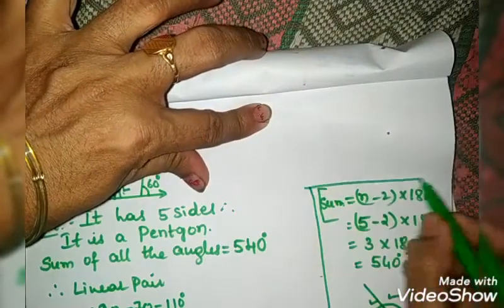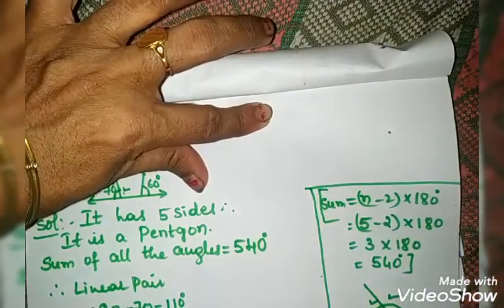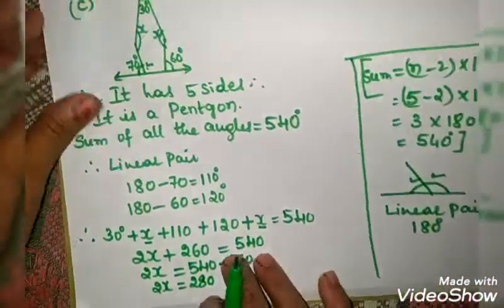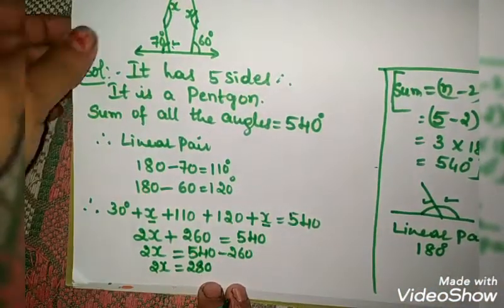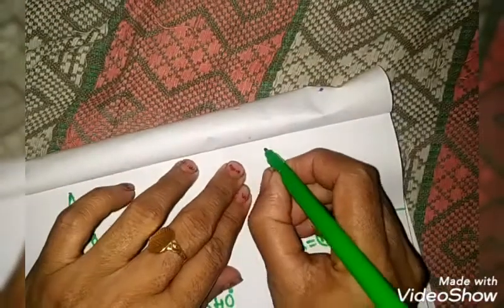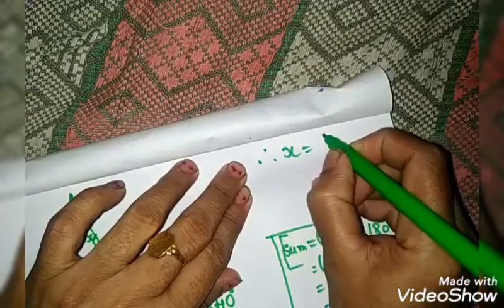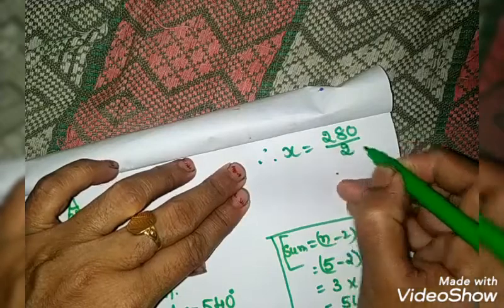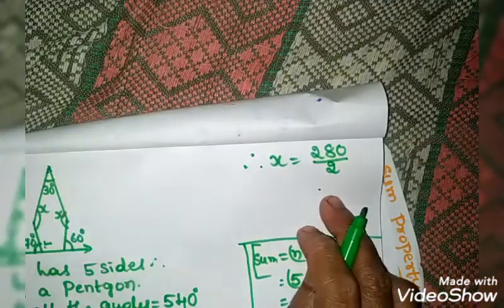This is rough work we have done. 2x is equal to 280 we got here. So what do we need here? We need the x value. Therefore, x is equal to what? 280 divided by 2.